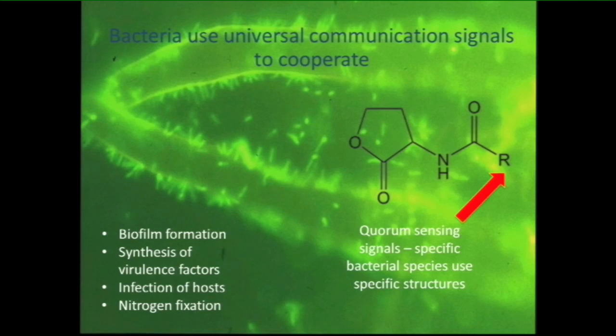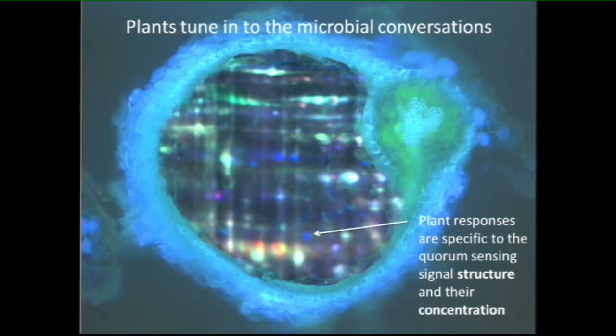So we thought, well, if plants have evolved over long times with bacteria, sure enough, they should have come across these signals. And so we've been looking at how plants actually interpret these signals from bacteria. And initially we used a technique called proteomics, where you just look at all the proteins that are altered in the plant in response to these signals. And we found plants react very, very specifically, and they're very sensitive to being exposed to these signals from the bacteria.